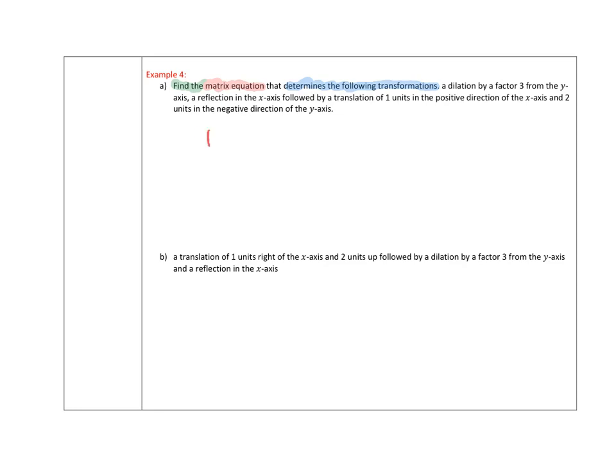We know that it's going to be the transform of something, and it's reasonable to choose the values x and y. More on that in a moment. We know that that would be equal to a dilation matrix, which would be a 2 by 2, multiplied by x and y, and there's likely going to be a translation.